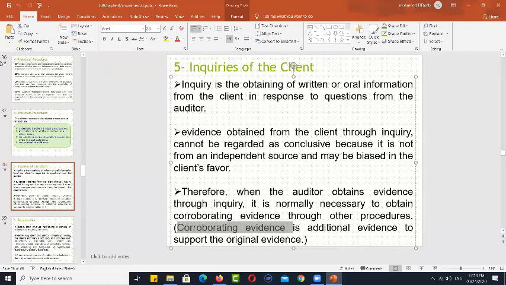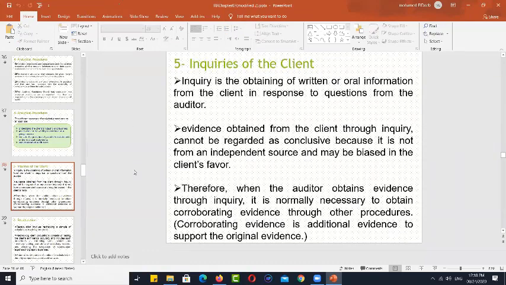If I found differences, the company didn't provide me with a correct number of employees. So here I have to take into consideration other corroborating evidence or additional references in order to support the information obtained from the inquiry of the client.